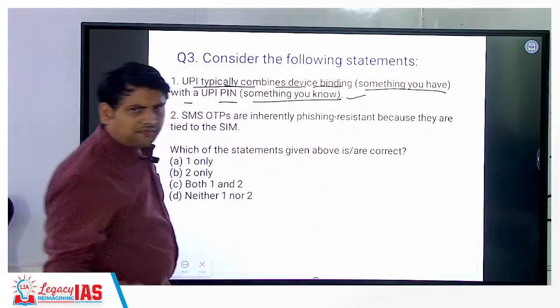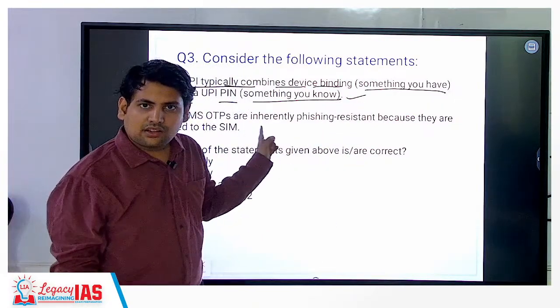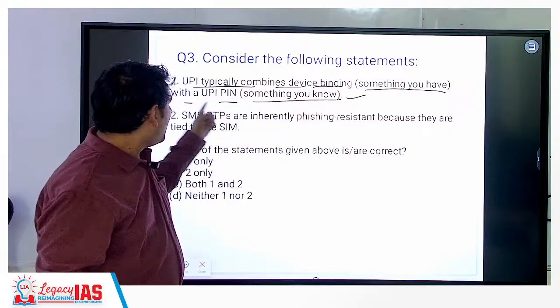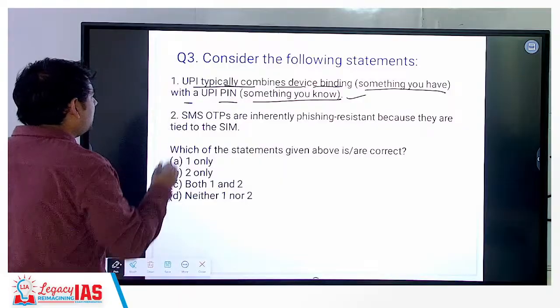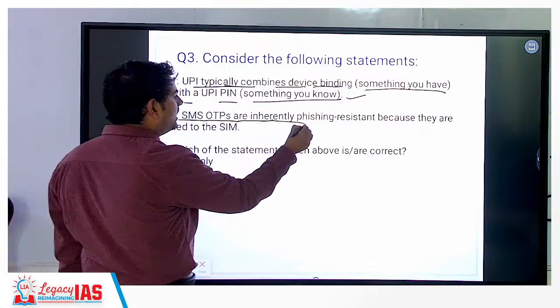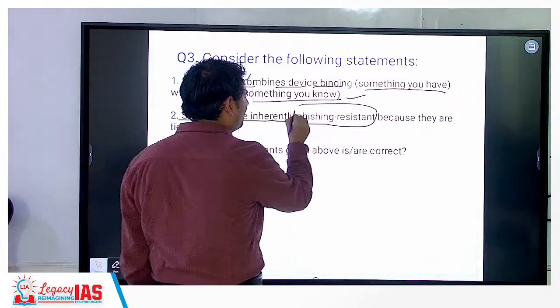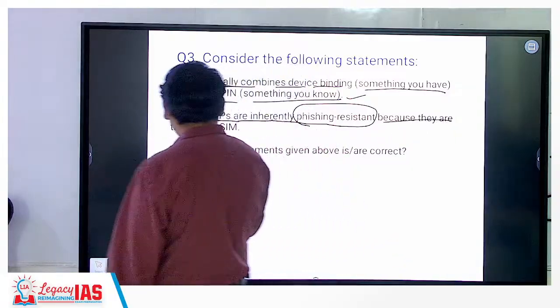Correct? Two-factor authentication is there in UPI. Correct? Something you have and something you know. Correct? This is correct.